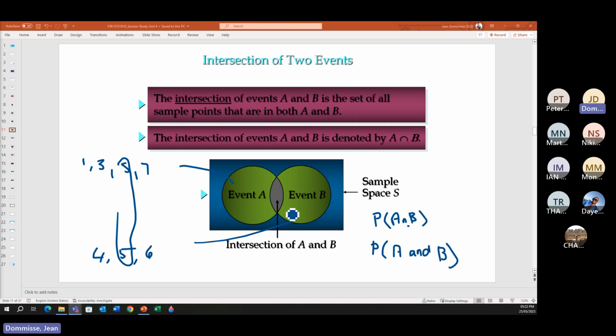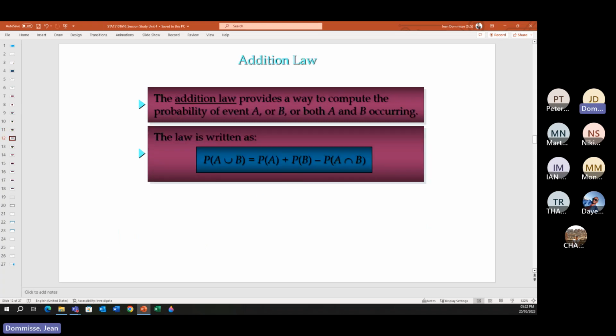In the exam, they will more likely use the wording than this notation. But again, just so that you have a view on both, because the textbook likes to use this notation as well.